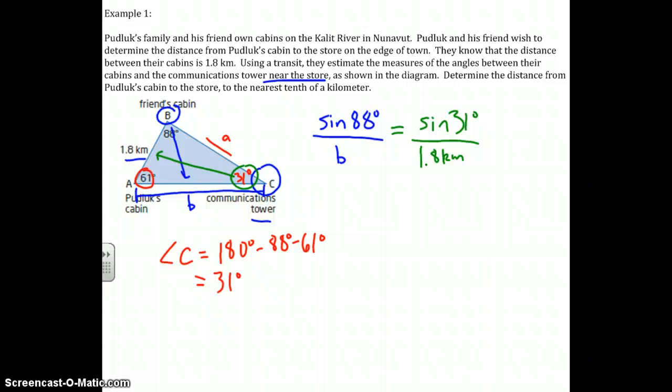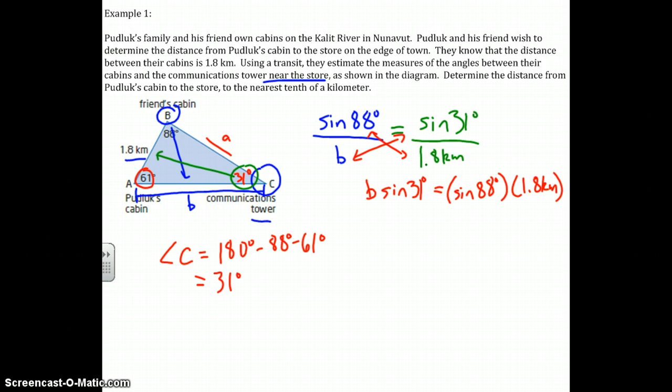Okay, so now we're looking for b here. To find b, we'll just cross multiply and divide. So we don't have to show this in too many steps, but we can right now. So cross multiply, we've got b times sine 31 equals, and then this other one we go sine 88 times by 1.8 kilometers.